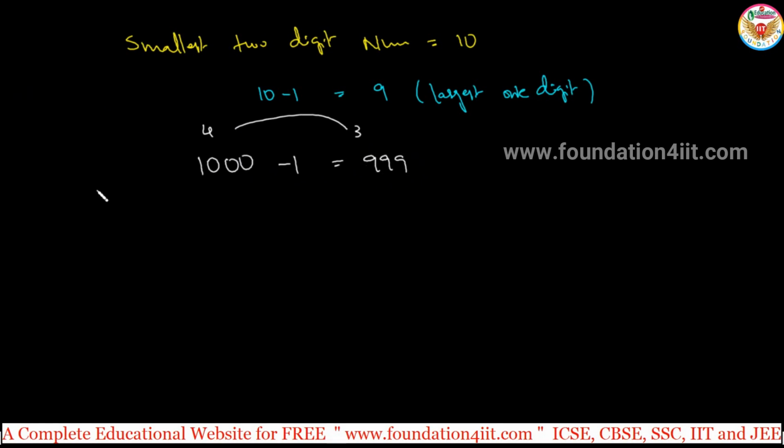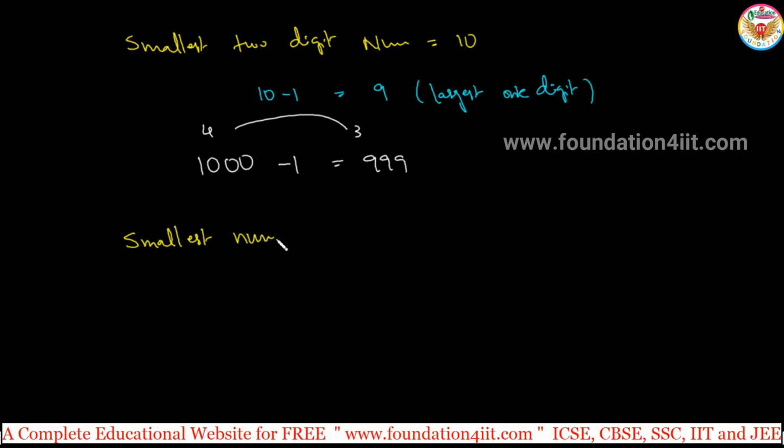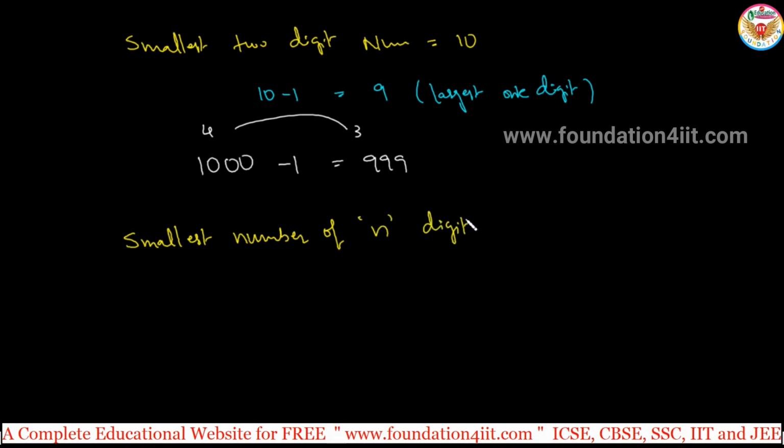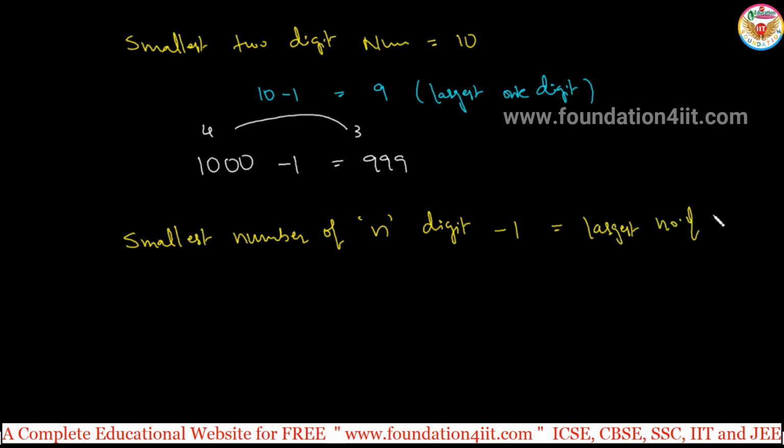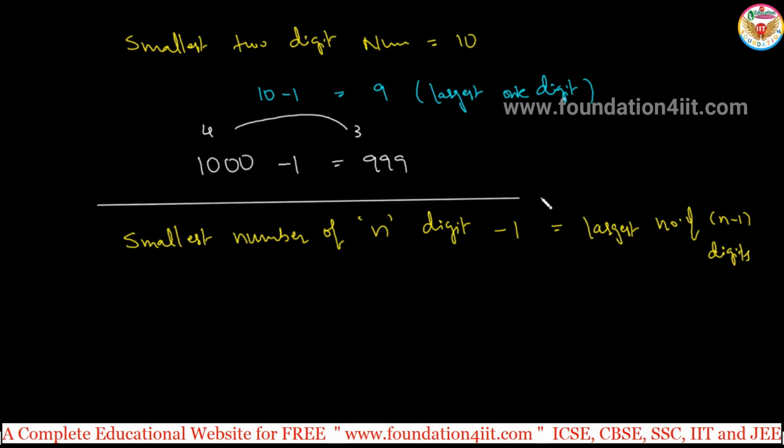So this also we can make as a pattern, and we can conclude that the smallest number of n digits, any n value, minus 1 is the largest number of n minus 1 digits. Four becomes 3. So this is the pattern we can make.